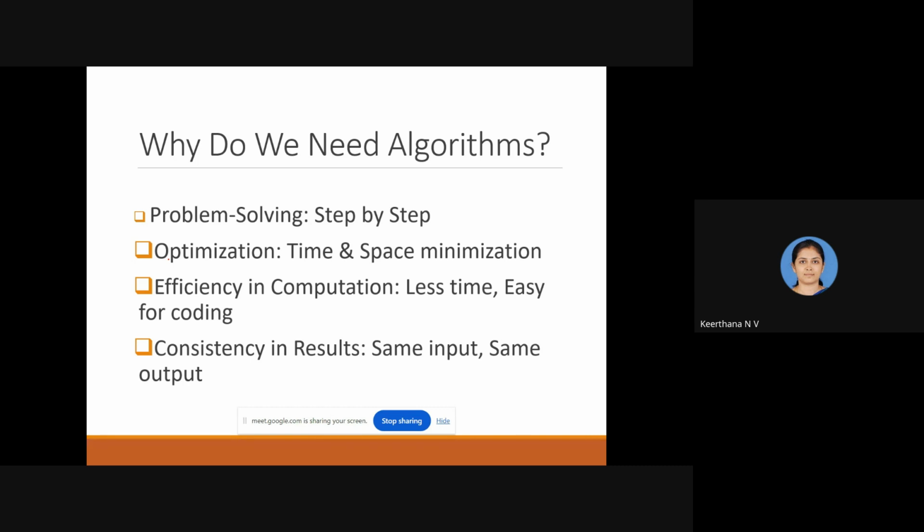A problem may be bigger and contain more modules, but it will give only one solution, that is one output. If you are writing a program with more functions or more classes, the output will be one with more inputs. That's why an algorithm is very consistent in providing you the exact results in your coding.